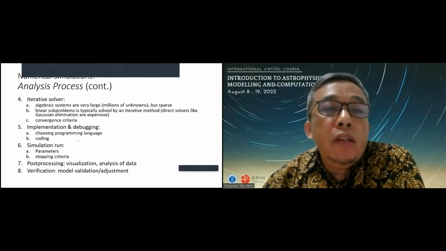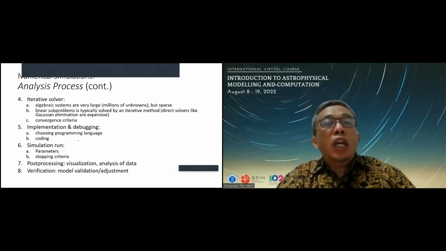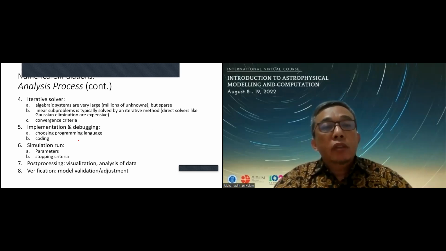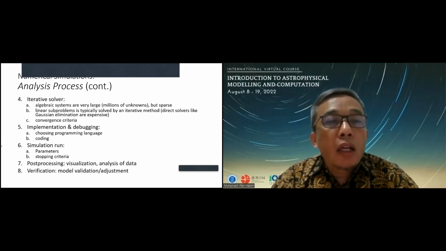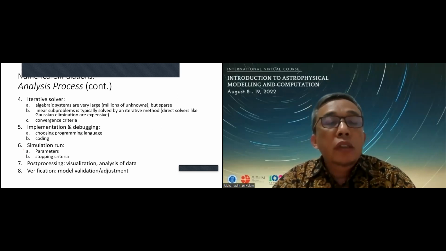The next step is implementation and debugging, choosing the programming language, and then running the simulation.